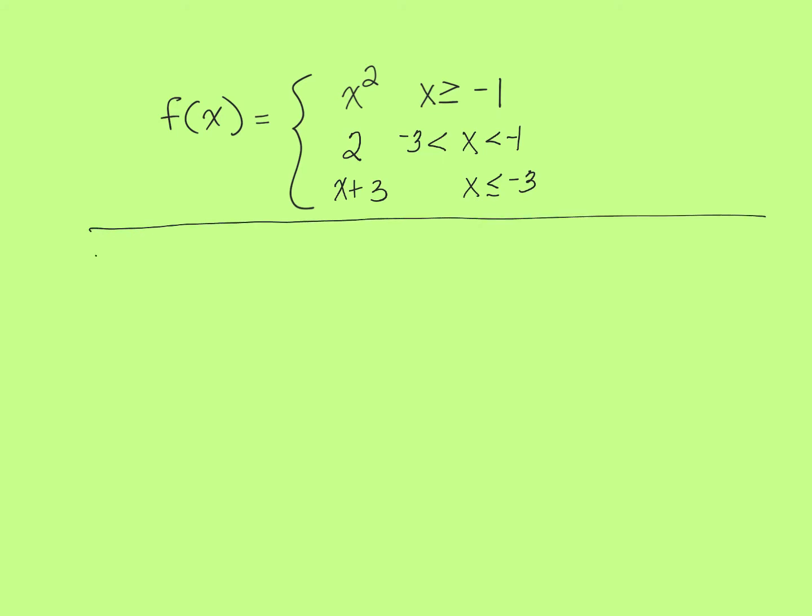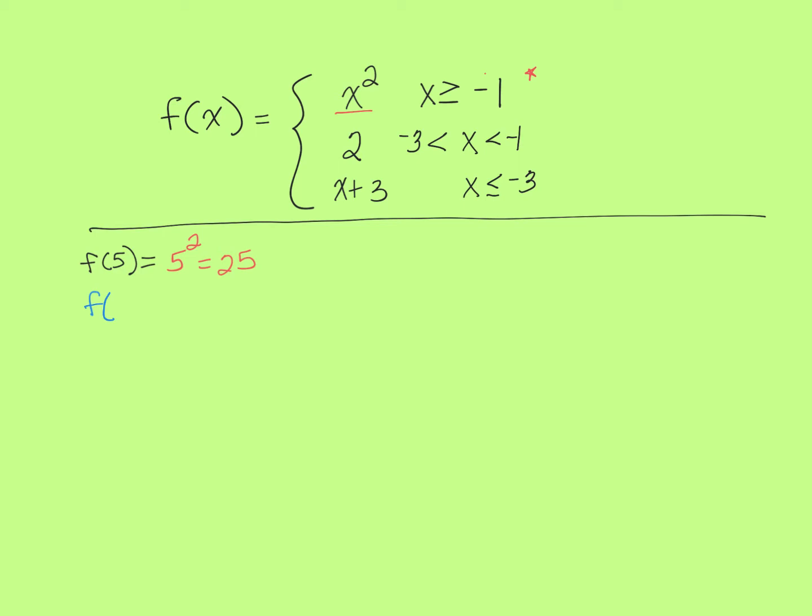So let's do this kind of in reverse order. If I wanted to know a function value, for example, the function value at 5, then I would notice that 5 is in this region, greater than or equal to negative 1, and so I would plug my 5 into the first piece and get 25. If I wanted to know the function value at 0, well, 0 is in the first one as well, so let's change that.